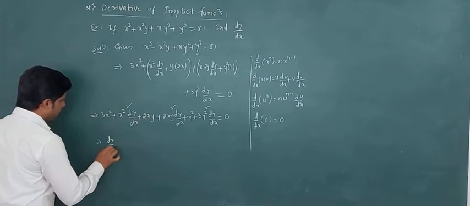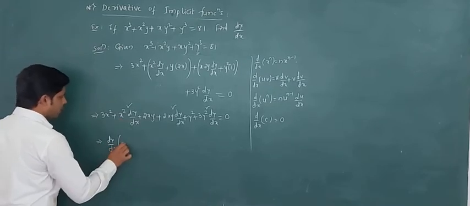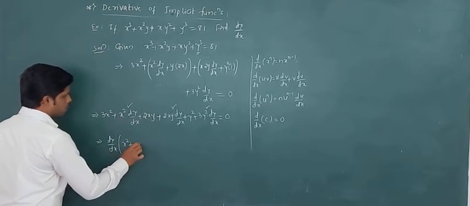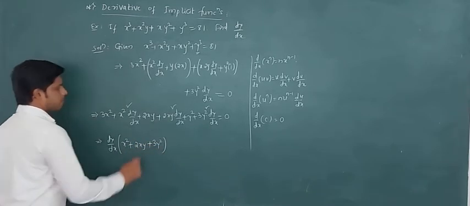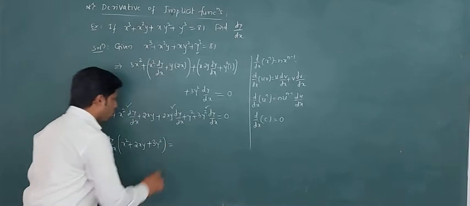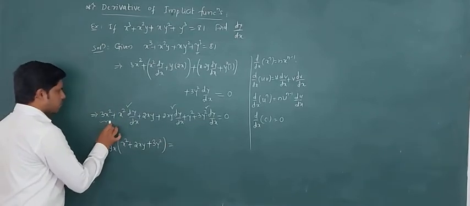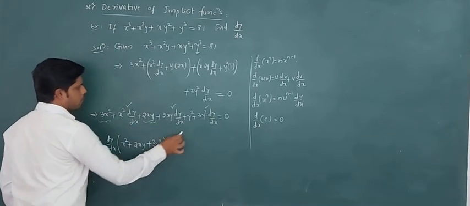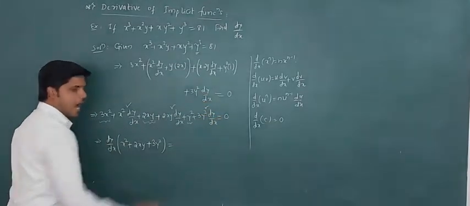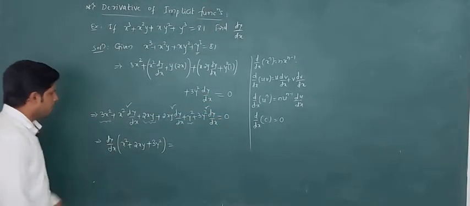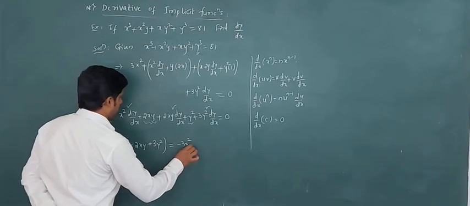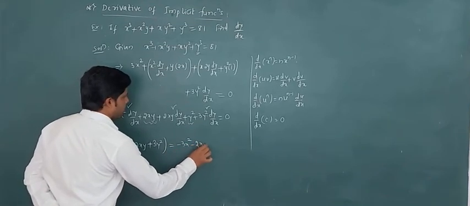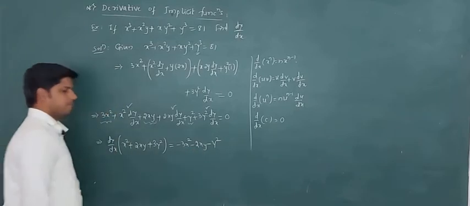Dy by dx. We remain with x square plus 2xy plus 3y square is equal to, now transfer this 3x square plus 2xy plus y square to the RHS side. Here we get minus. So minus of 3x square minus 2xy minus y square.